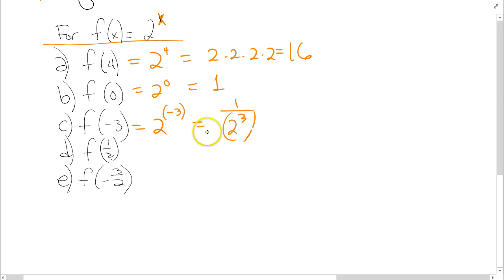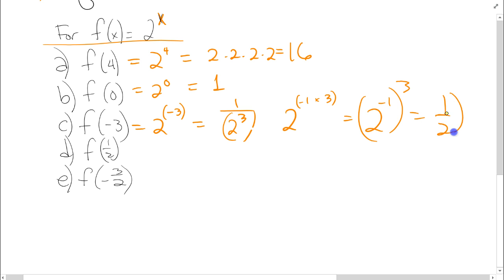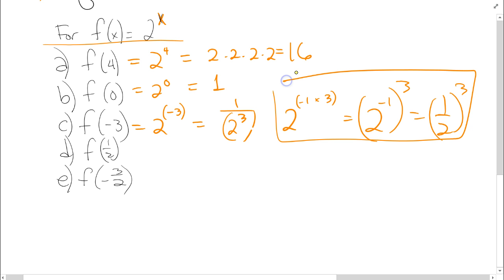So this is one way you can handle that. Or, as in the previous example, it's like having 2 to the negative 1 times positive 3, so you can rewrite this as 2 to the negative 1 to the positive 3 power, which would be 1/2 to the 3rd. Either way, you will arrive at the same answer.